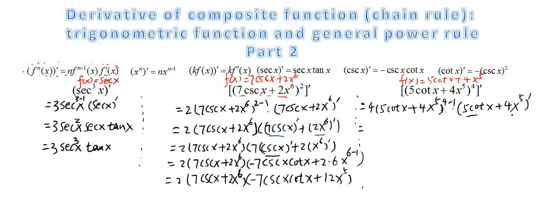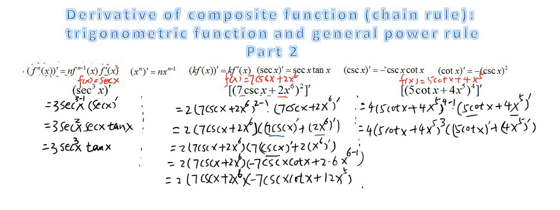And again, for these two terms, we take the derivative of the sum of the two functions. We're going to take the derivative of each function. So we have 5 cotangent x plus 4x to the power 5, to the power 3. We have the derivative of each function, right? And now we can simplify it.